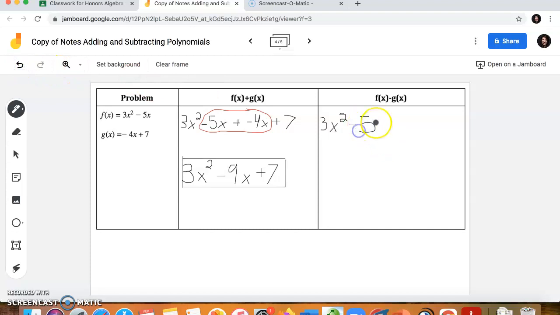But this time, you're going to have a subtraction sign, and then a parenthesis in which we're going to put our negative 4x inside and our positive 7 inside.